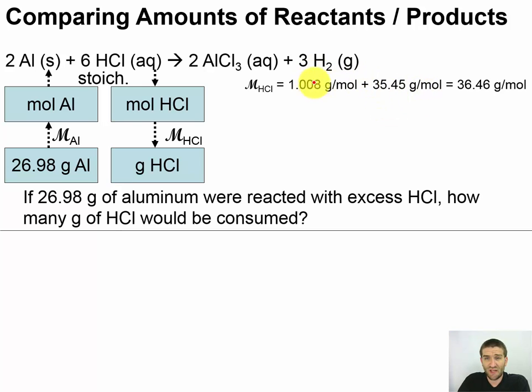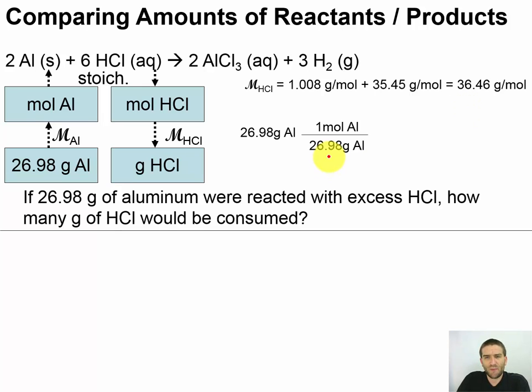Remember when we add, we line them up at the decimal point, we chop off after the shortest place, so it'd be 36.46 grams per mole. It'd be even better if I had done that drop notation where I keep them added together, and that would be written as 36.458, with the 8 being a lower version number, so that we know that it's not a significant place, but it prevents early rounding. Either way, we'll be okay for this example that I'm showing.